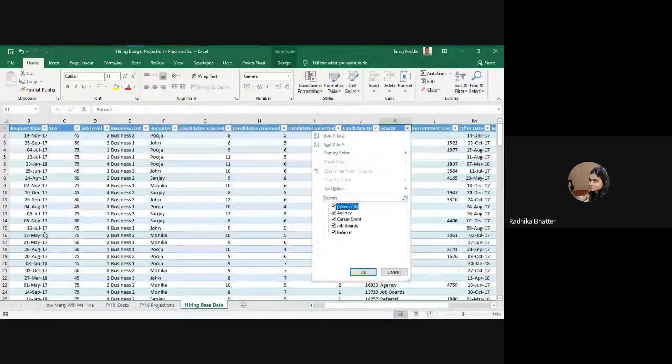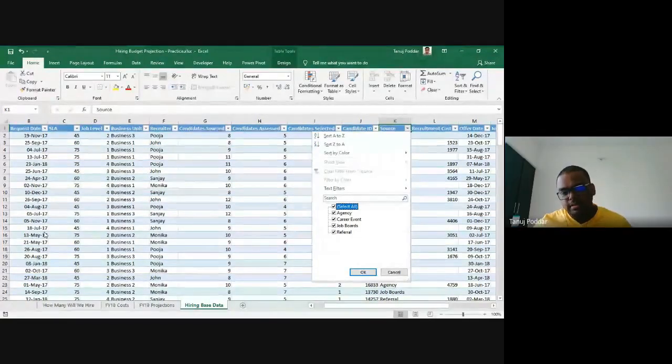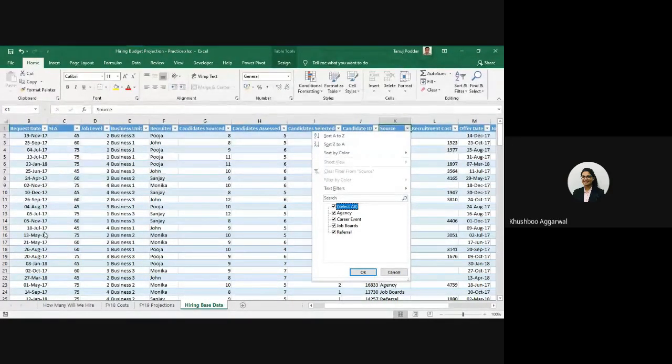For example, I'm a third-party recruitment company. I'll have n number of clients, which are the actual companies for which I will be recruiting. Recruitment consultancies, placement agencies, all will be third parties.